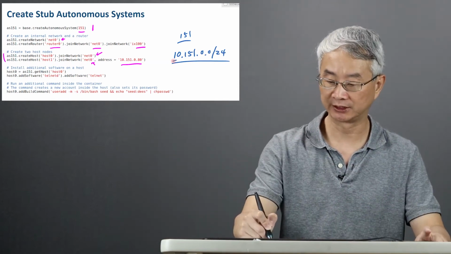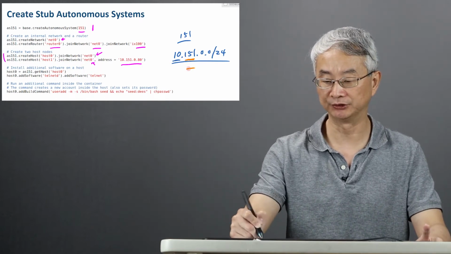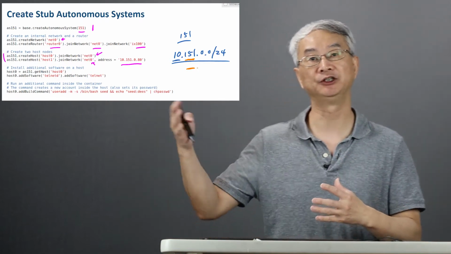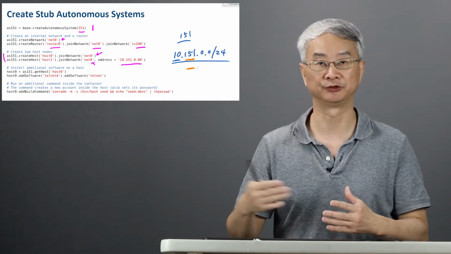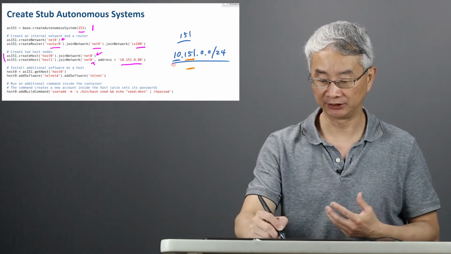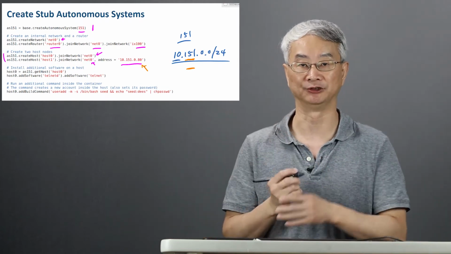We use 10 dot, and for different autonomous systems we use a different number here. This way, we're not going to use the ones in the real world, to avoid conflict with the real world. But inside this, you can actually customize that. If you do want to use real world IP addresses, you can do that.